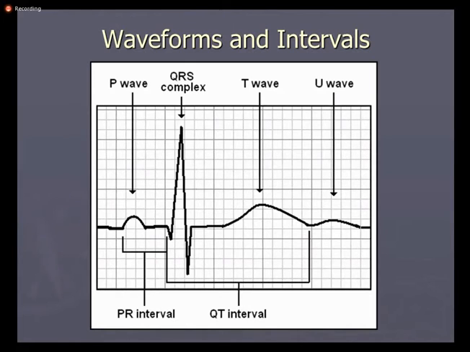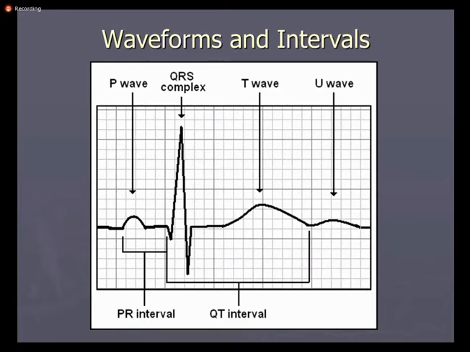So here you can see multiple complexes or waves, and some intervals. For example, P is a wave, QRS is a complex, and T is a wave.